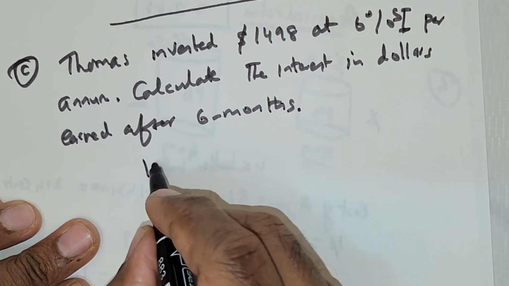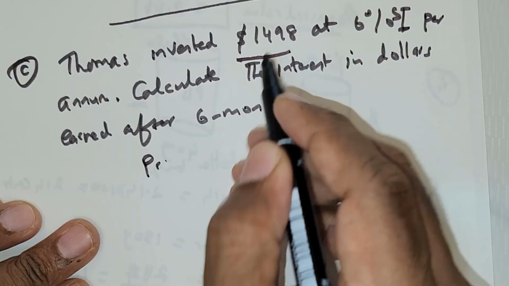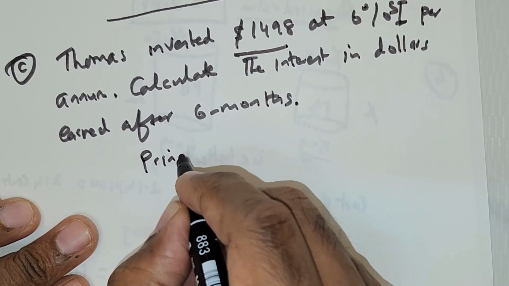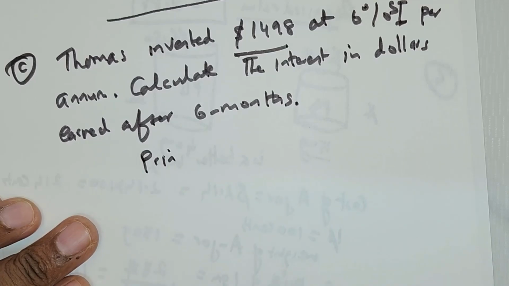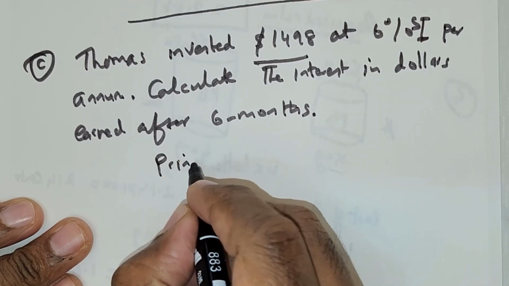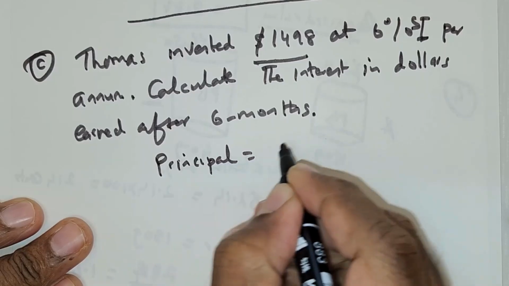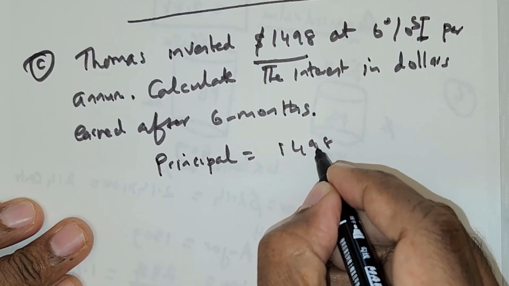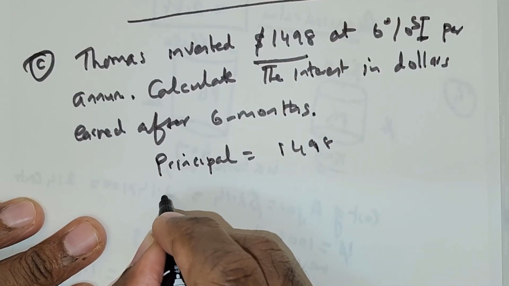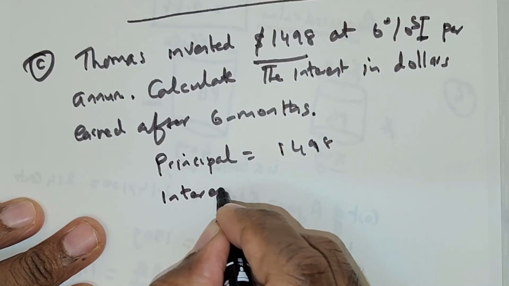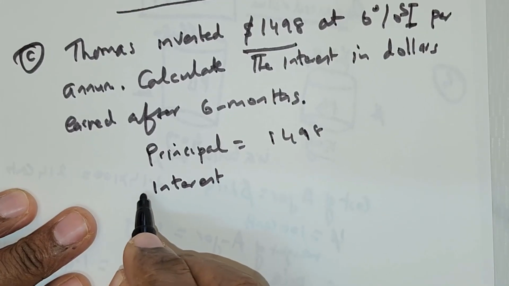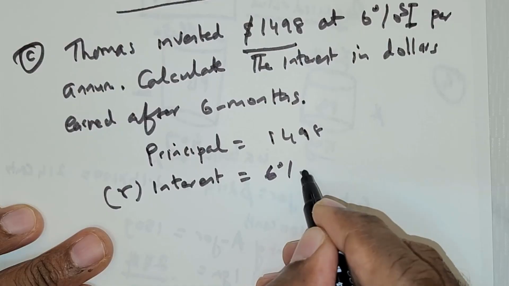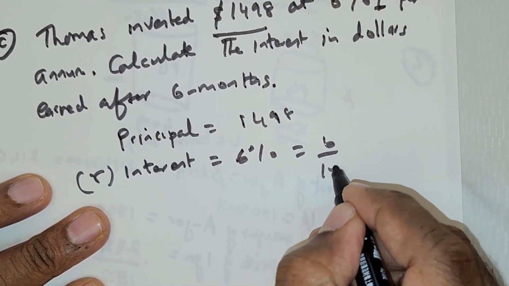So what is the amount? This is called the principal. Okay, so we will write the data out first. This is 1498. Now the interest, it's called R, rate of interest, that is 6%. Now you have to divide 6 by 100.